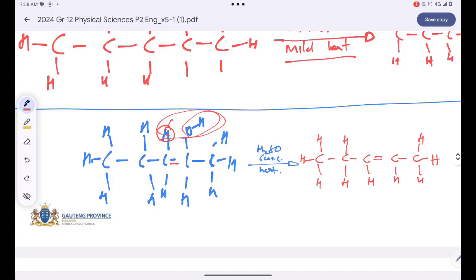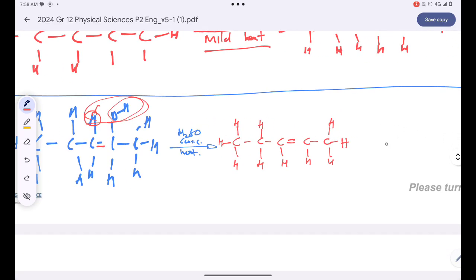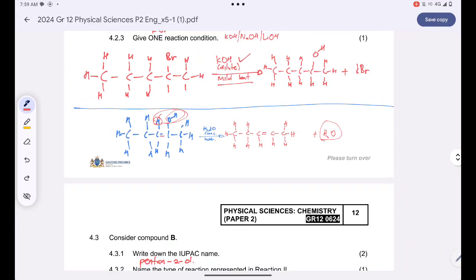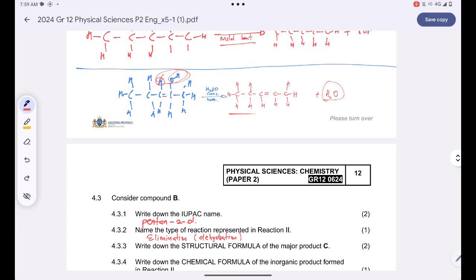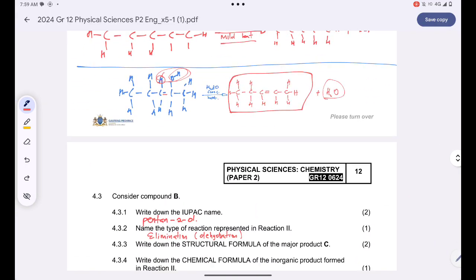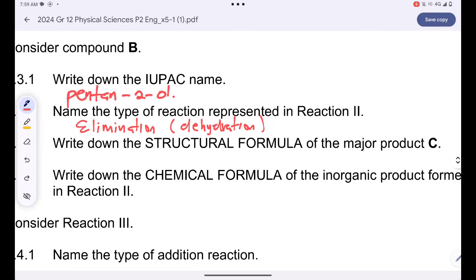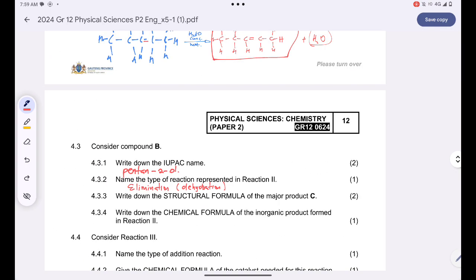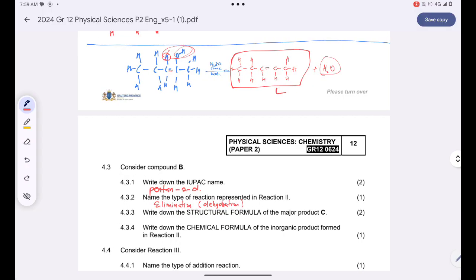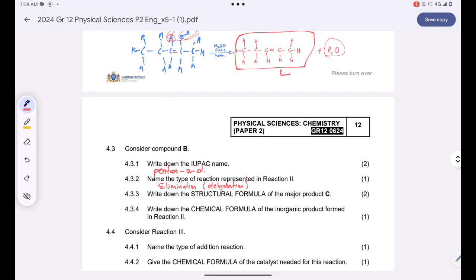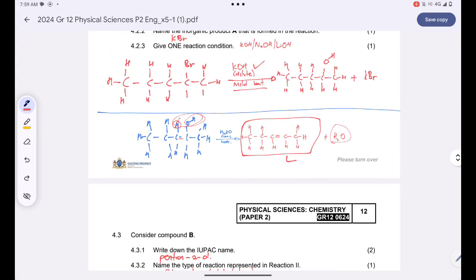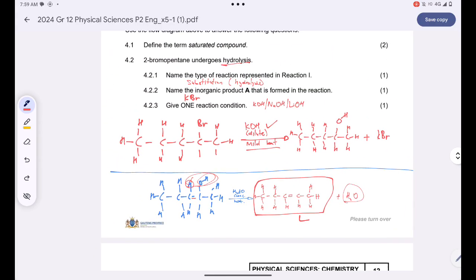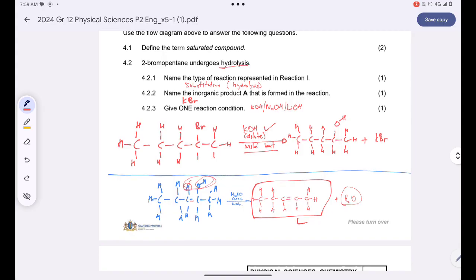Okay, so these will be my major product, and the inorganic product will simply be H2O because it has been eliminated over there. Né? So this is the structural formula of our major product. Can I fit it here? No, I can't. Our major product is just an alkene, and the IUPAC name of this major product is pent-2-ene.